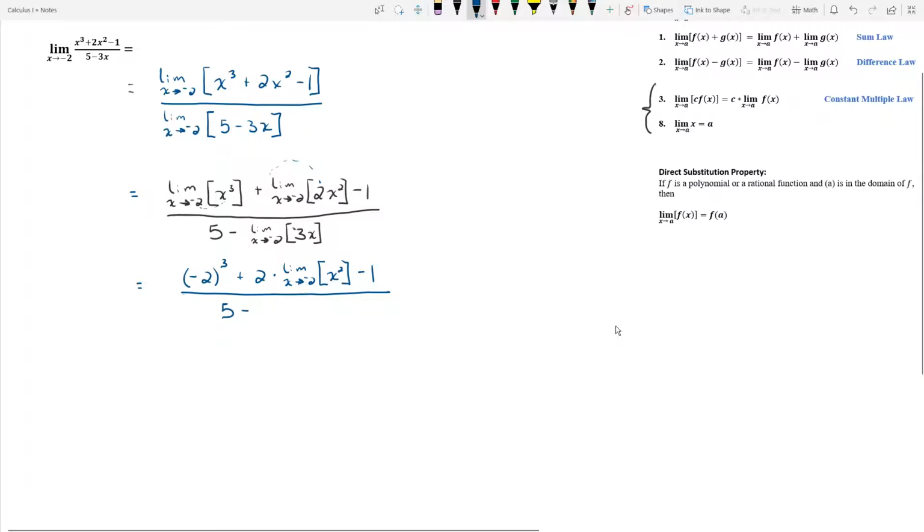And this is now going to be 3 times the limit of x as it approaches -2 for just x.